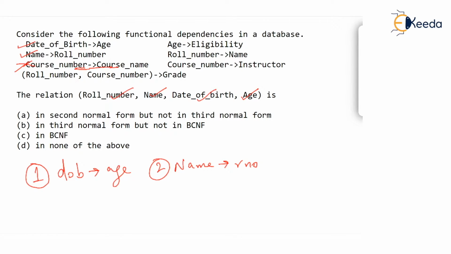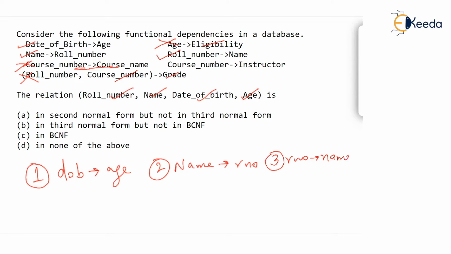Then roll number comma course number determines grade cannot be considered because course number and grade are not there in our table. Age determines eligibility cannot be considered because eligibility is not there in our table. But roll number determines name. This can be. Roll number, in short RNO, determines name.